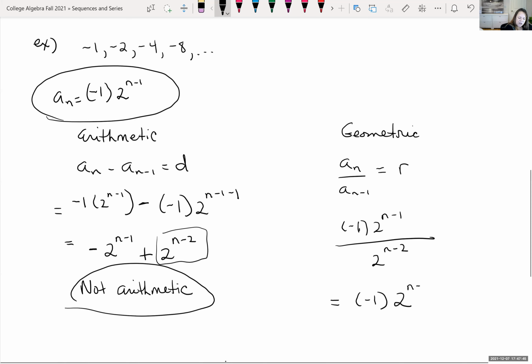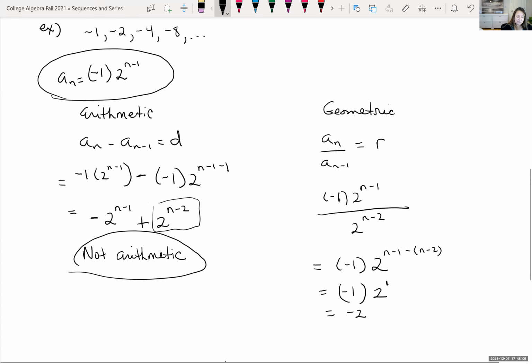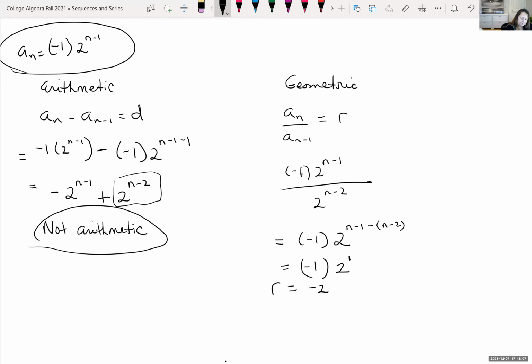So we take the exponent on top, n minus 1 minus the exponent on the bottom, n minus 2. So we have -1 all times 2. The n's are going to cancel, and we're just going to get 2 to the first power. And so we get back -2. So we can see that r is equal to a constant. So it's geometric. If n had been left in there, then it would have been neither arithmetic nor geometric.